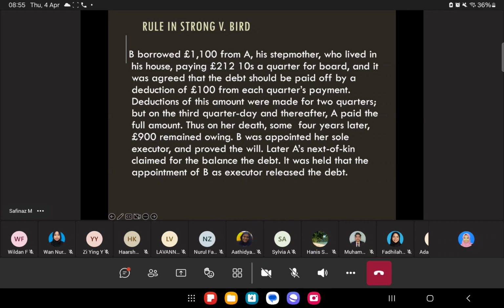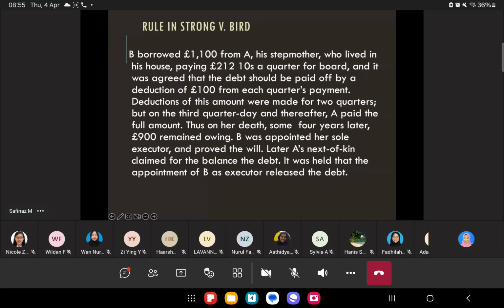Maknanya tolak daripada jumlah yang duit yang dipinjam tadi. Deduction of this amount were made for 2 quarters, but on the third quarter day thereafter, A paid the full amount. A tu stepmother dia. Dia tak potong dah. Okay, dia pay the full amount.